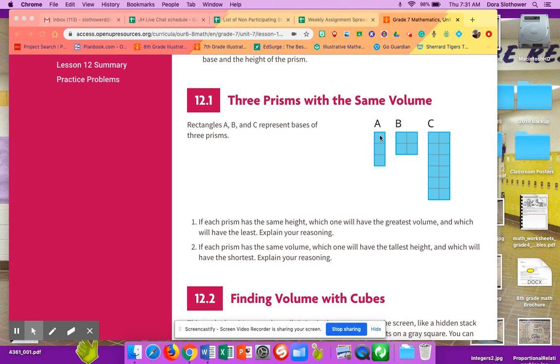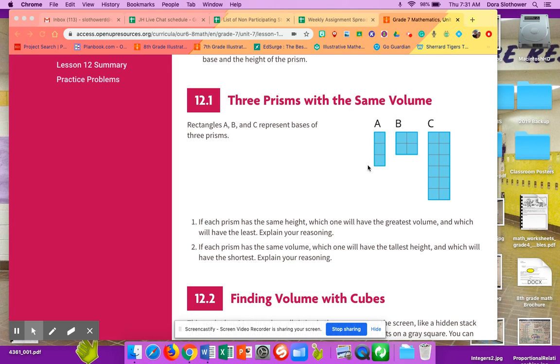Like A is 3 by 2, B is 4 by 2, and C is 12 by 2. Which one would have the greatest volume? Well, hopefully you said C because C has the biggest base. And which one would have the least? It would be A because A has the smallest base.